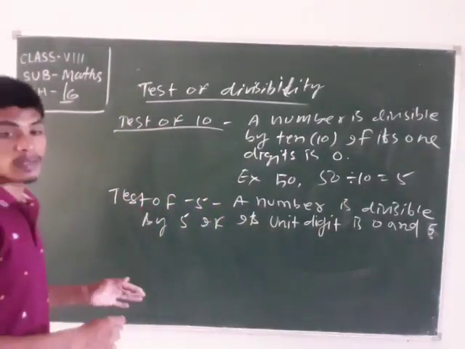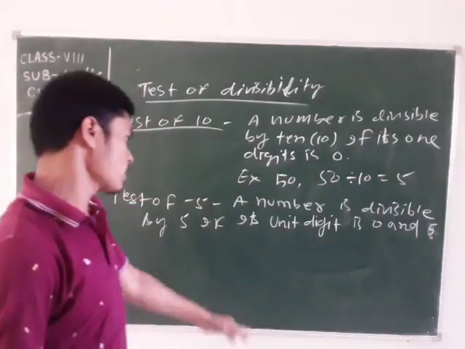That means if the unit digit is 0 or 5, the number is divisible by 5.